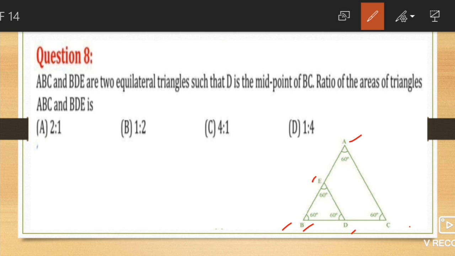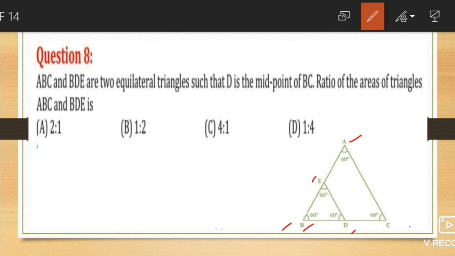The ratio of the area of triangle ABC and BDE is, there are 4 options given, you have to find which option will be correct. If you look at the figure, since ABC and BDE are equilateral triangles, each angle will be 60 degrees as given in the figure.